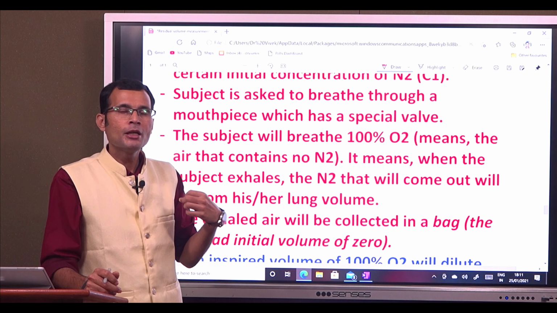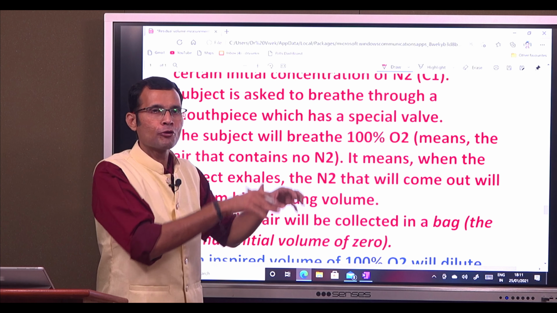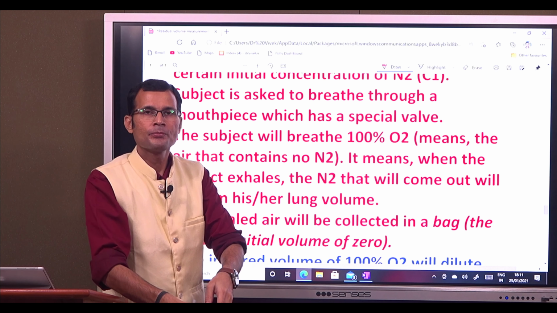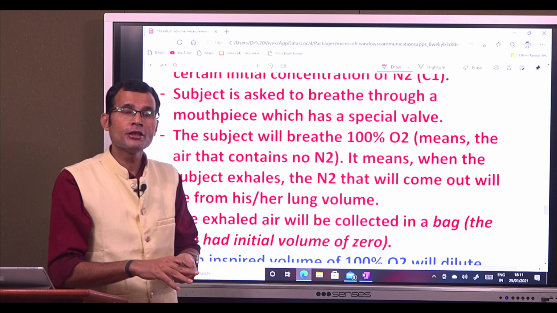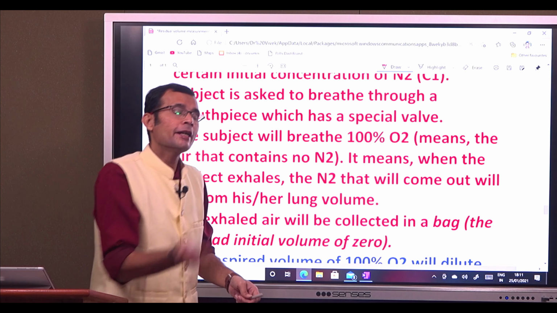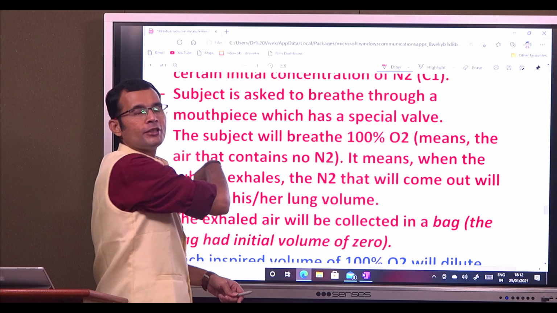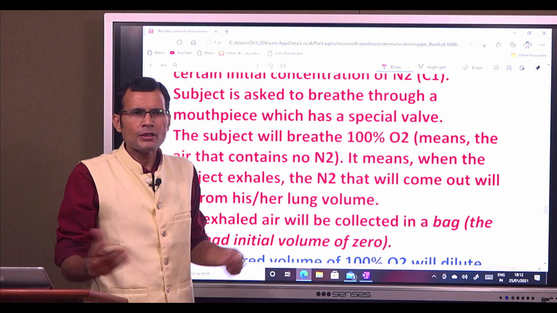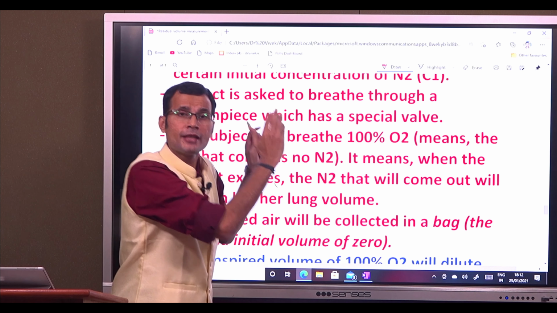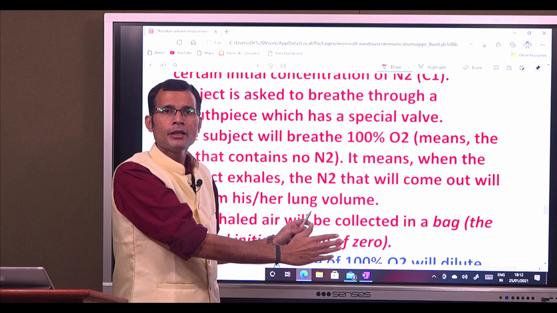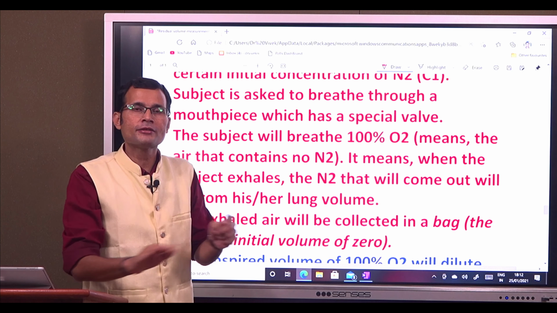The patient was breathing helium, but we didn't want the helium to go from the lung into the blood. Yes, in this case, we don't want nitrogen to come from the blood into the alveolus and come out with exhaled air, because we want only that nitrogen which was there at the start of the experiment, and all of it should come out. That's it.